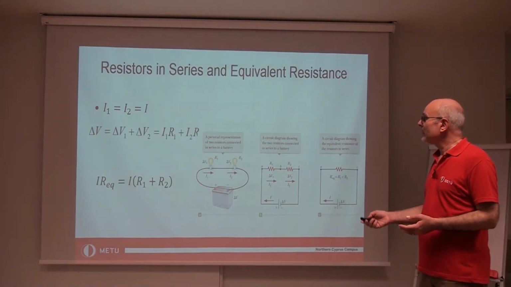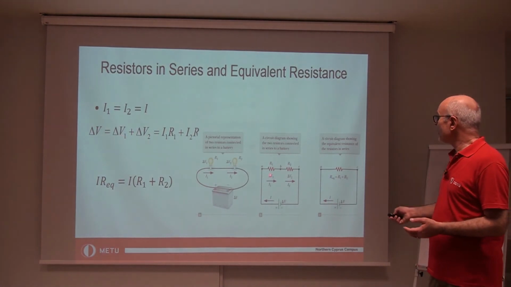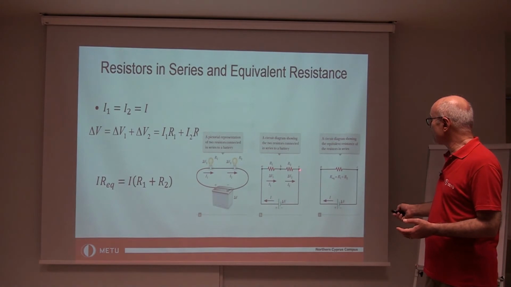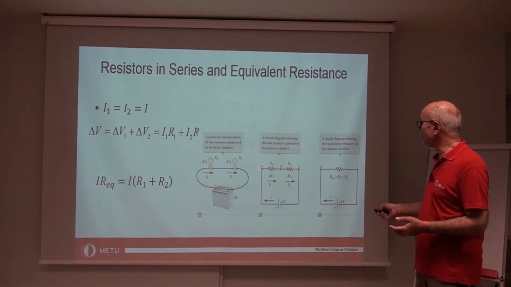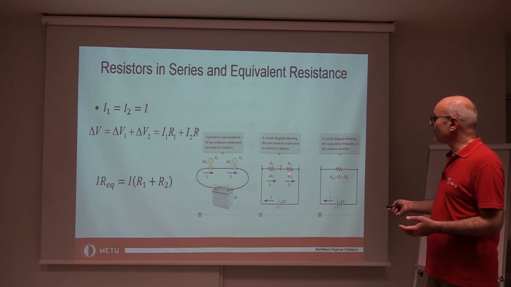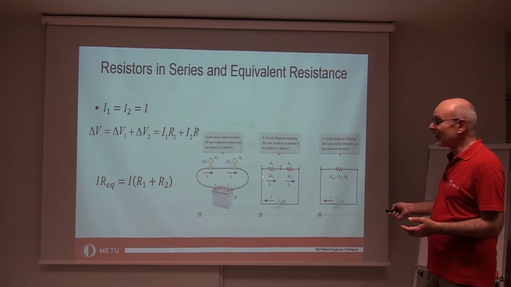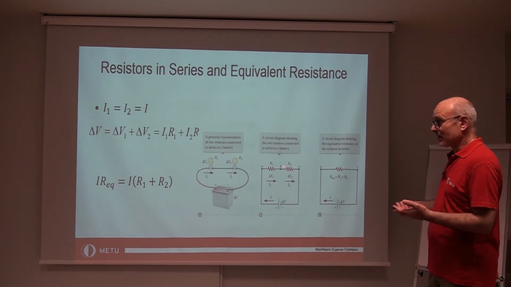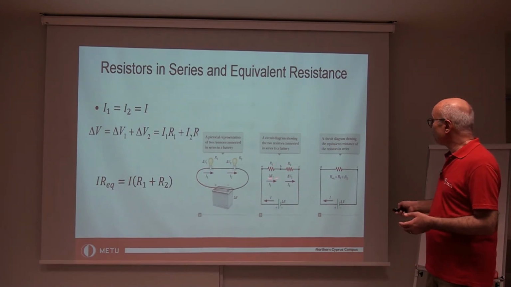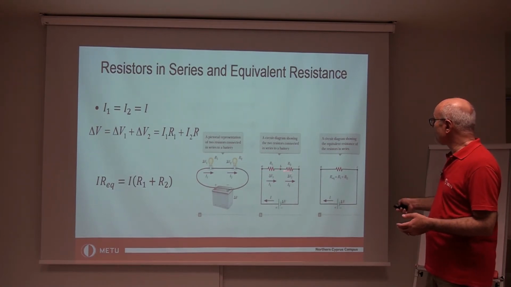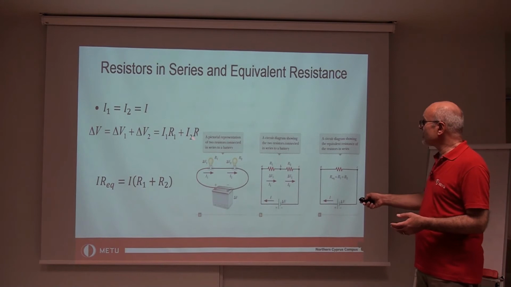Now, the potential difference delta V between points A and C, which is VC minus VA, is equal to delta V1, the potential difference across the first resistance, plus delta V2, the potential difference across the second resistance. Because it is VC minus VA, it is positive. Delta V1 is I1 R1, delta V2 is I2 R2, so delta V is equal to this.